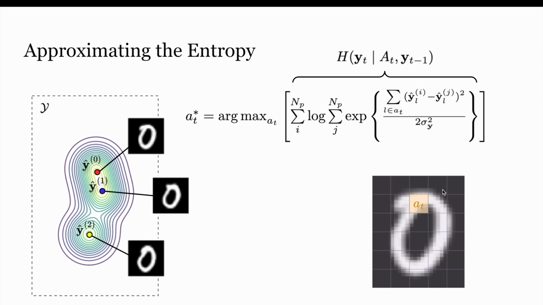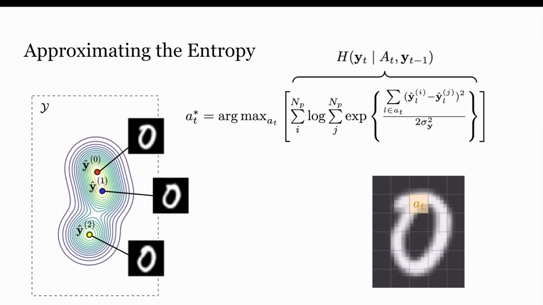In order to compute the resulting entropy from adding this action to the set of actions we have already taken, and taking into account what we've already observed, we look at the set of pixels, denoted by L here, that are a member of this action, we sum across those, and that gives us the entropy for that action.